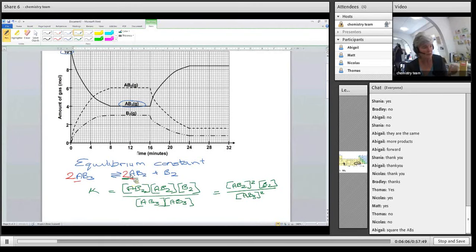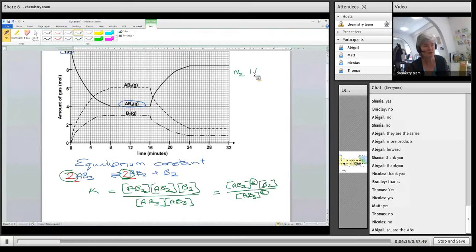So I've got a 2 in front of AB2 over here, so I have to put a 2, raised to the power of 2 for AB2. Similarly, I have a 2 in front of AB3, so I have to raise it to the power of 2 over there.